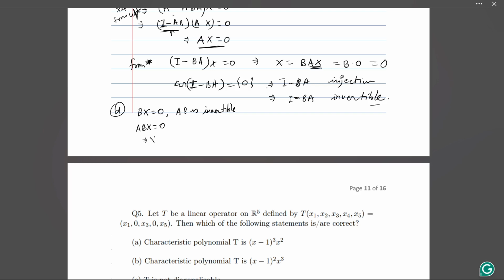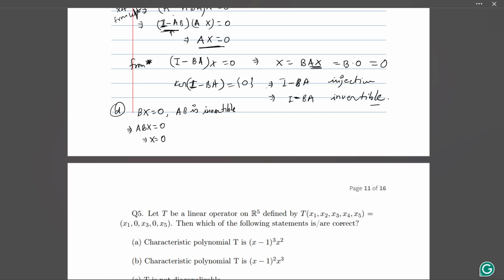But this will imply x is 0. So the only solution is x is equal to 0, right? Okay, columns of A.